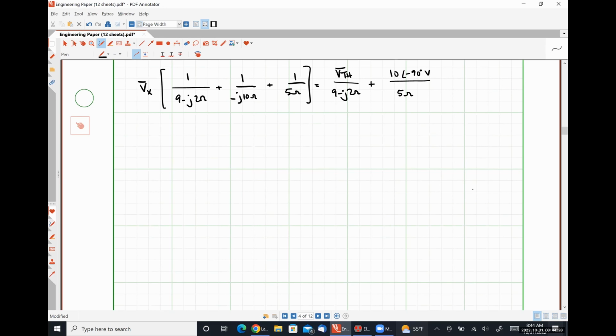So now I'm throwing things into my calculator. So over here, this thing looks like 0.330 angle 21.991 degrees per ohm.